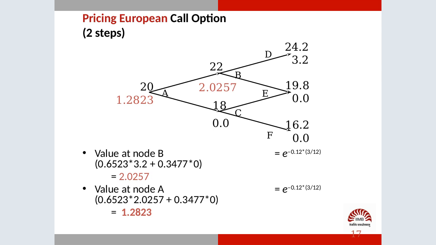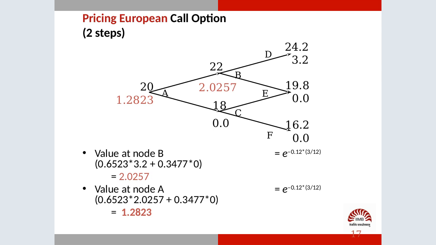So I need to calculate the value of the option. The objective is to calculate the value of the option. Now when the price goes to 24.2 and the strike price is still the same as 21, how much will I benefit?